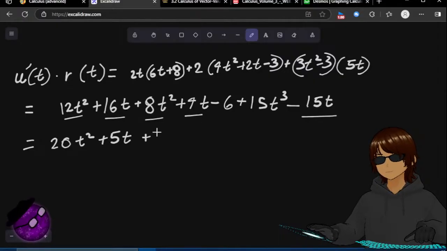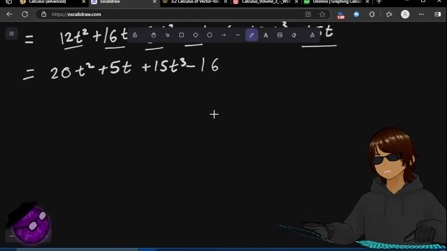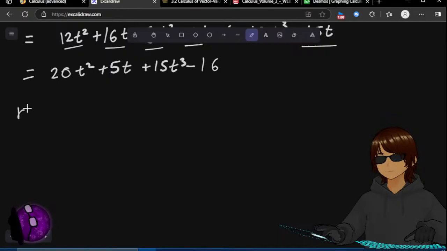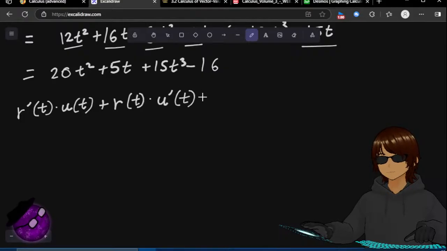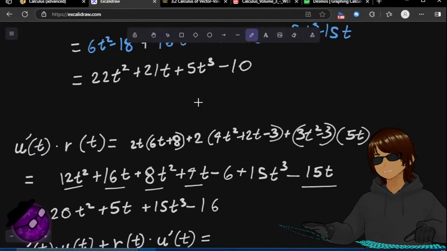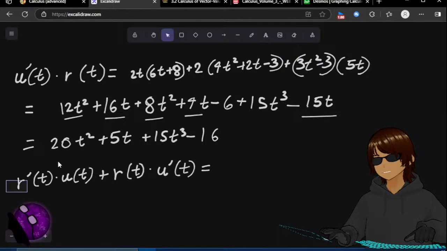Then we have plus 15 over there, and then minus 6 over here. Right. So now if we add both of these, what we get is, hold on, I'll just put this.